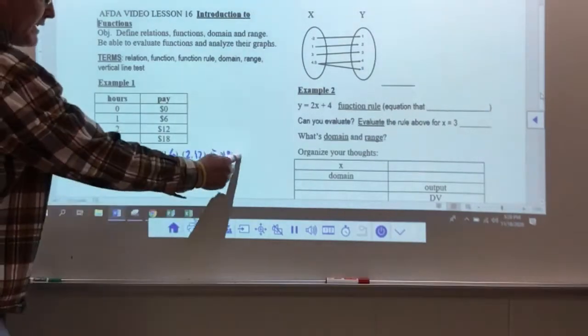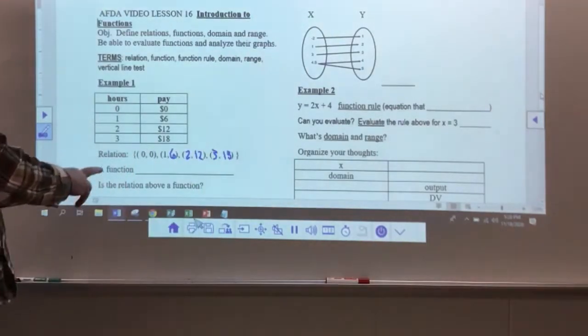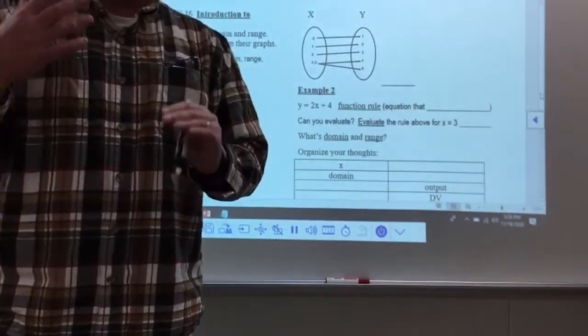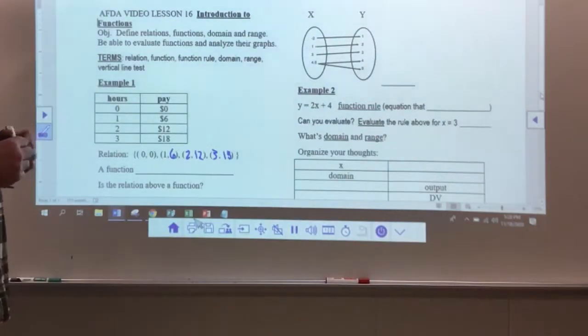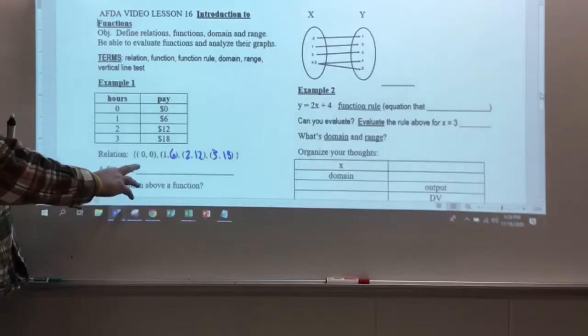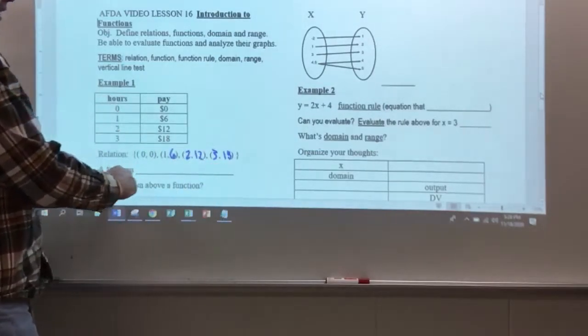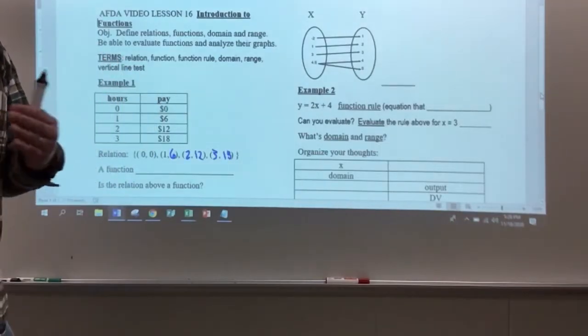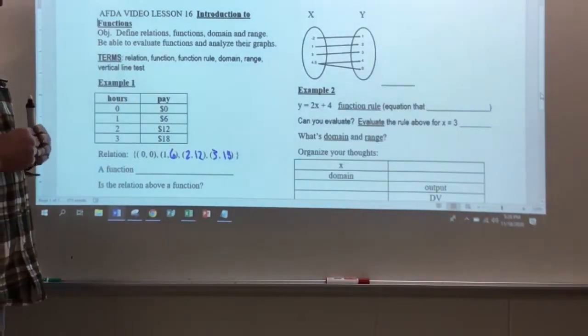Notice this has set notation on each end, and this is called a relation. So a relation is just a set of ordered pairs. Now our job is to look at this table of values or this set of ordered pairs, this relation, and talk about whether it's a function or not.